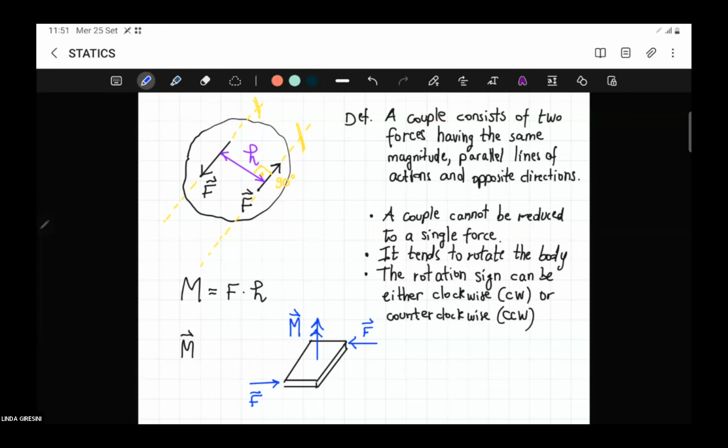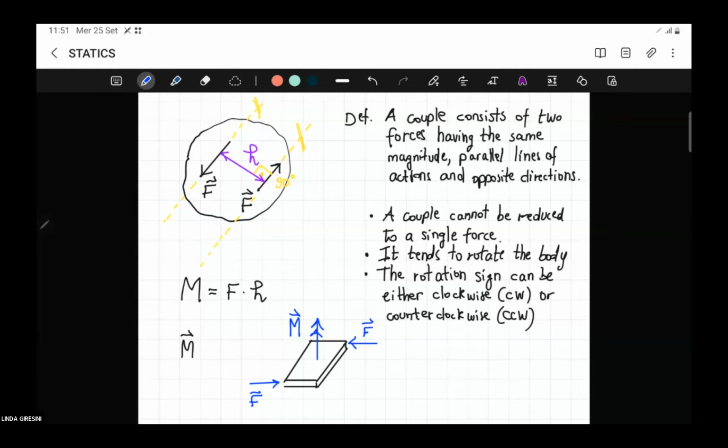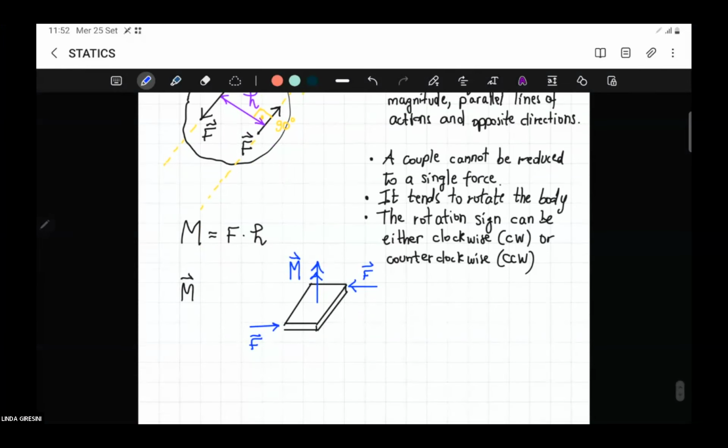Yeah, okay. So you know it. You take the two forces, you use the right hand, and the thumb gives you the direction of the moment in vertical direction. So basically, it is important to know that the moment is perpendicular to the plane in which the two vectors are contained.